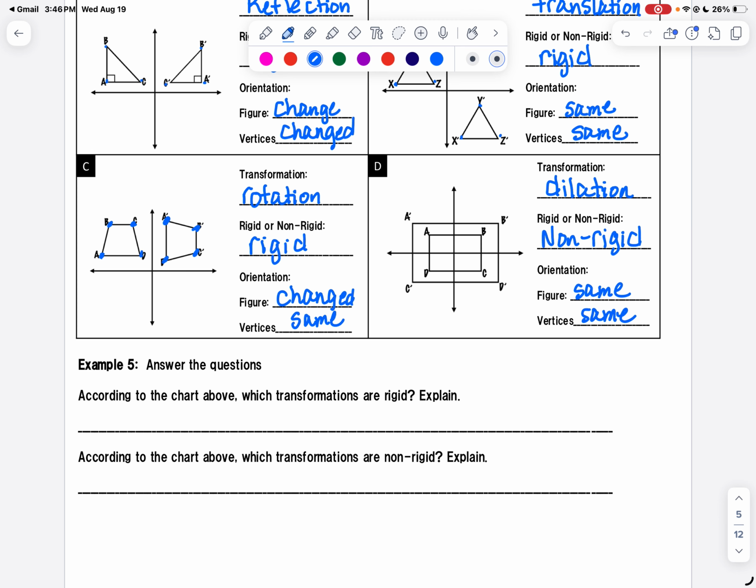All right, example 5. According to the chart above, which transformations are rigid? Well, they were all rigid except for the dilation.